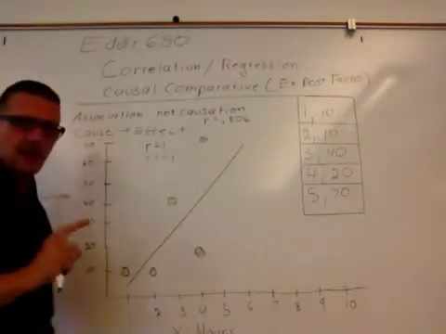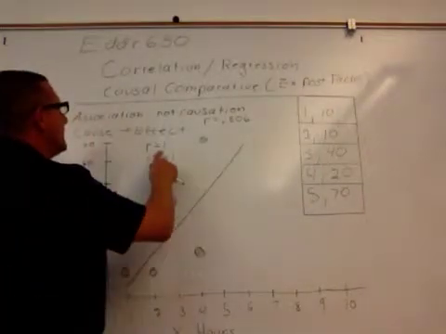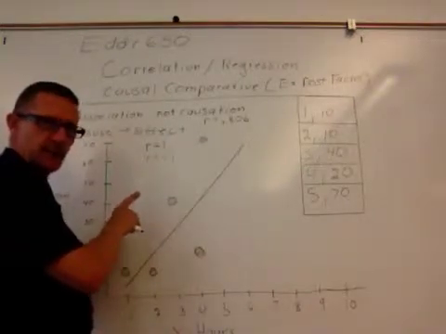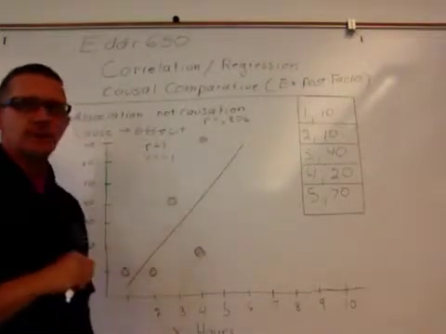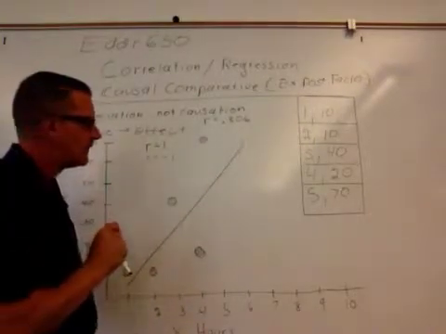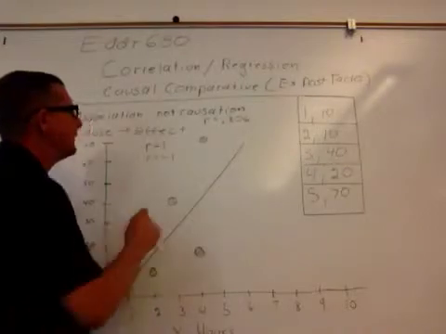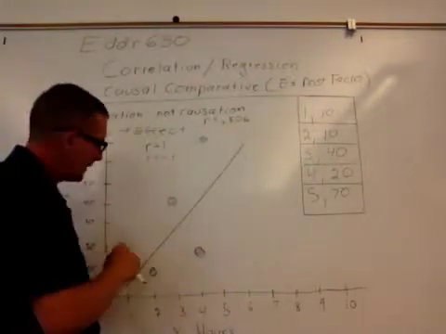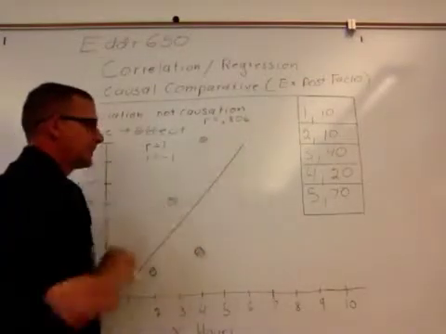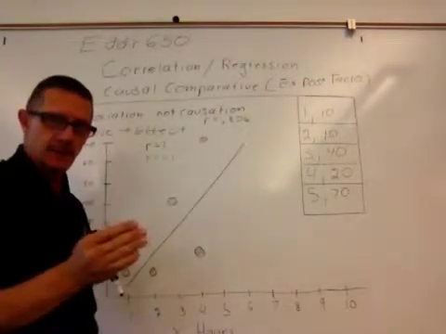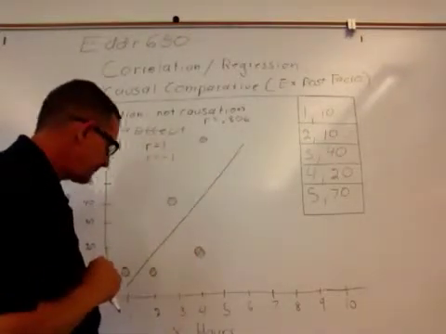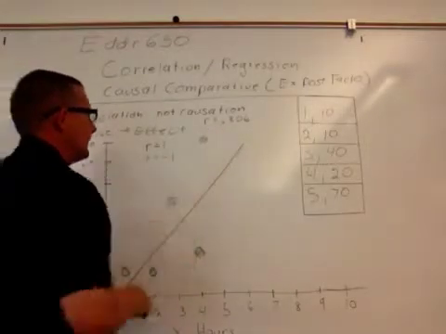Here's one of the things that's commonly misunderstood. The r has nothing to do with the slope of the line. It's only a measurement of how close the points are to some linear relationship. So we could have r's of 0.806 with many different lines of best fit that they could form. In this case, we have an r of 0.806.